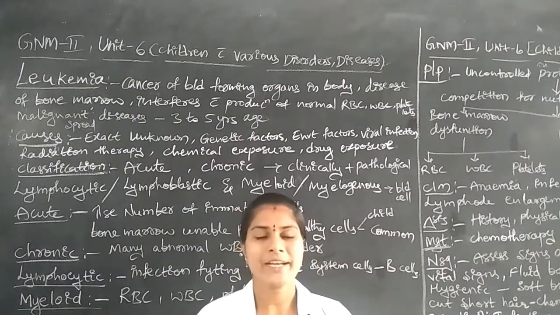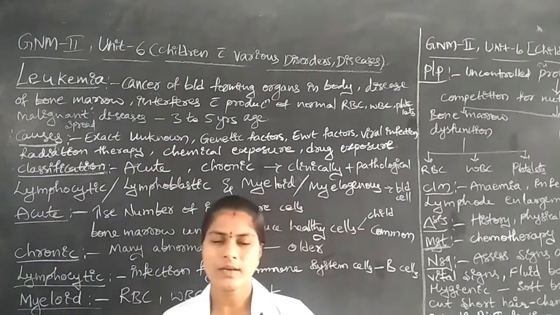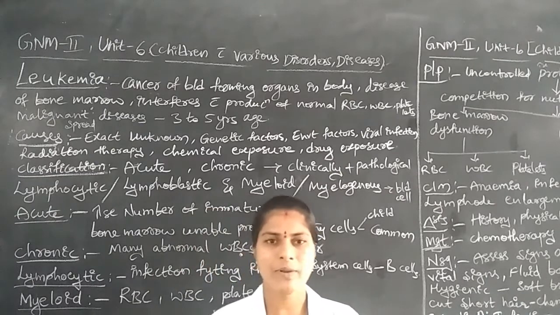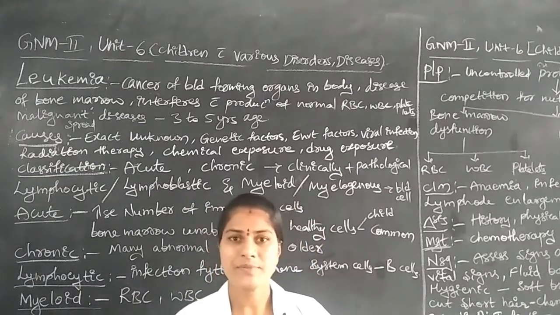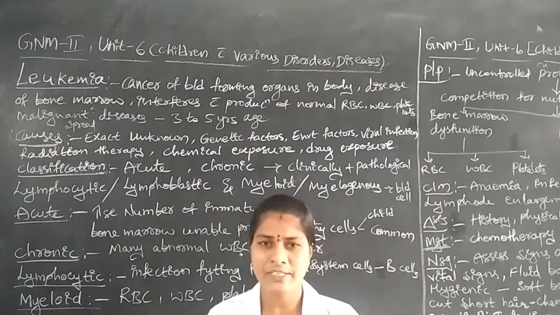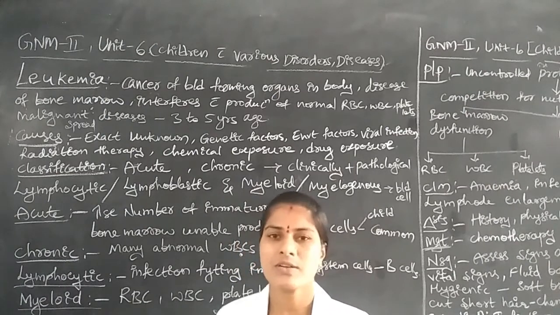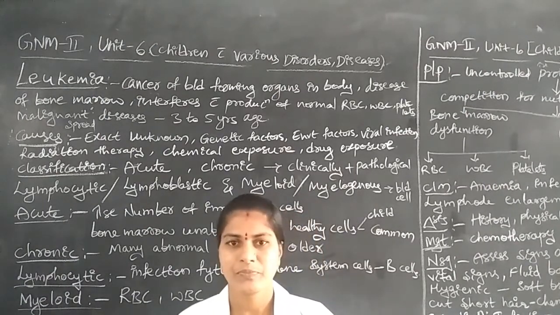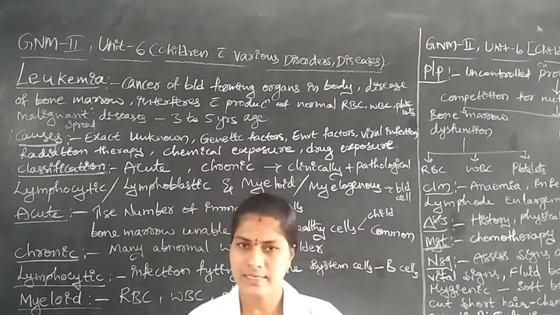Because the blood circulates to all body parts. Whether in the lower extremities, upper extremities, spinal cord, or ribs, whichever part is affected by this malignant disease, it spreads to other parts also. Leukemia is a type of malignant disease.